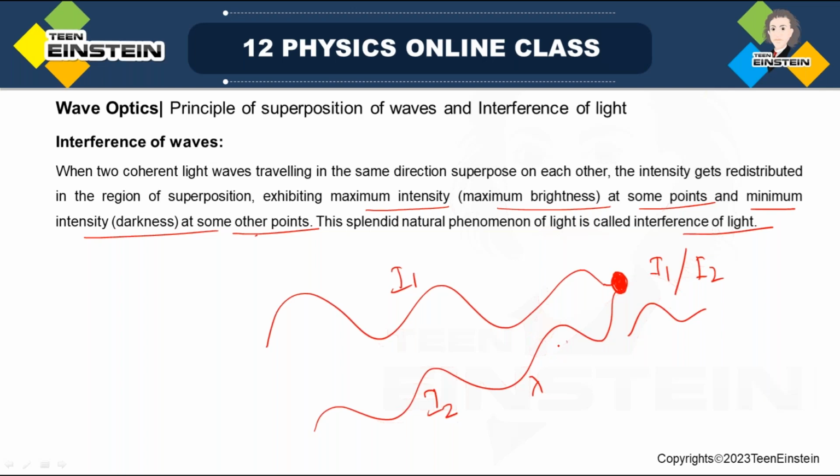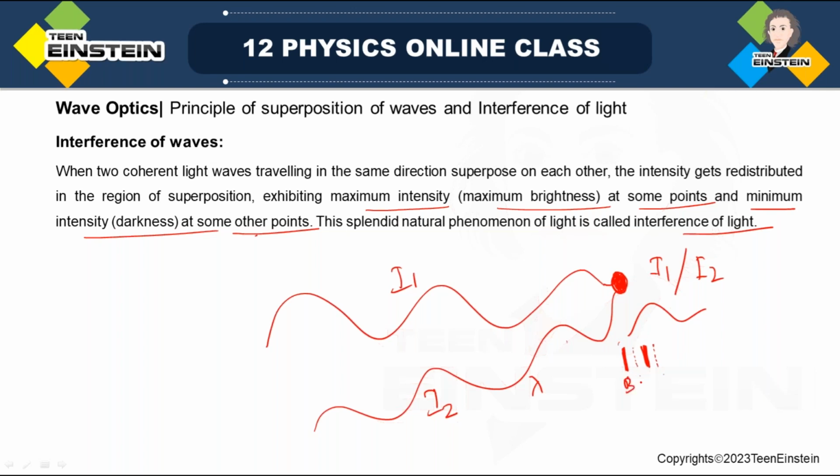So these coherent waves upon superposition at any region of space, there will be some places where there will be maximum intensity of light and some places where there will be minimum intensity of light. That means some places it will be bright, some places dark.